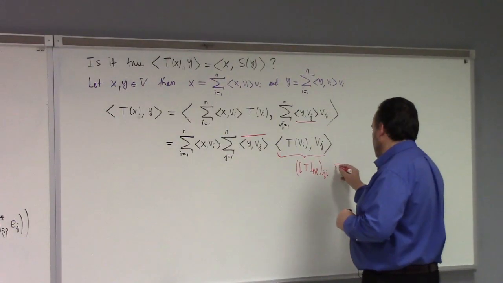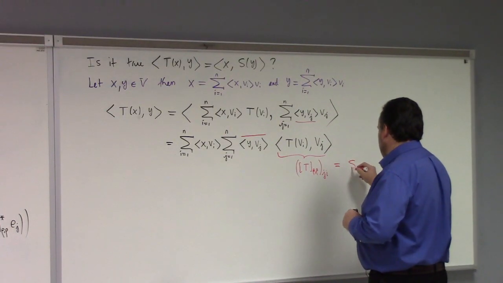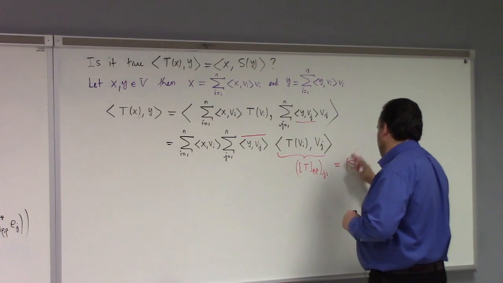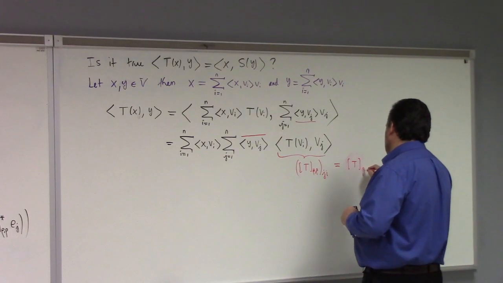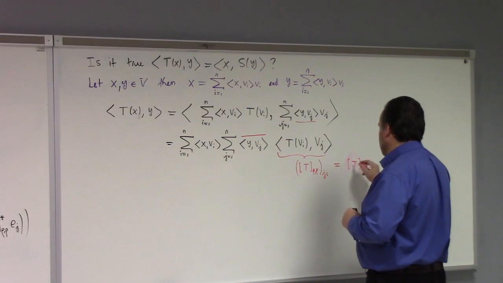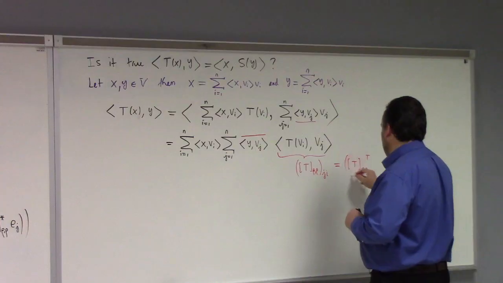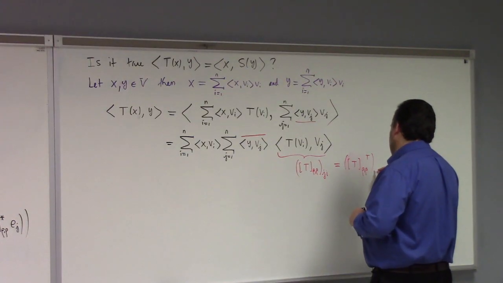Which is, by the way, equal to, well, sorry, one step at a time here. That therefore is the transpose of T beta beta, ji, right? ij, right?